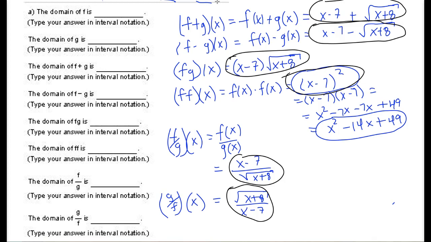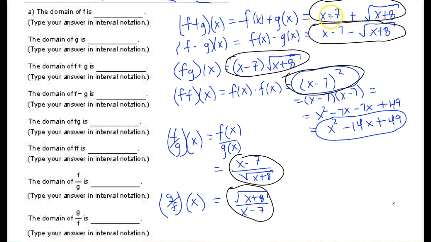But if you look at your new function in terms of its raw form, you see everything. Now, for f plus g, f minus g, f times g, all of these are going to pretty much have the same domain.